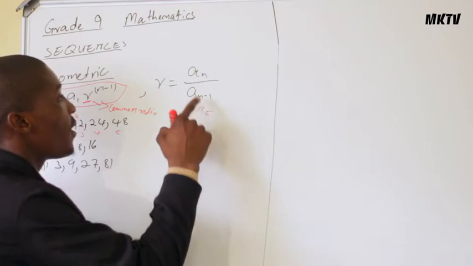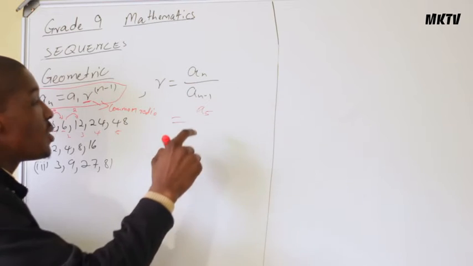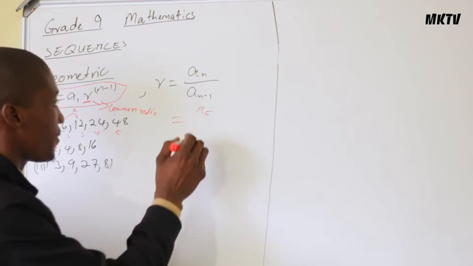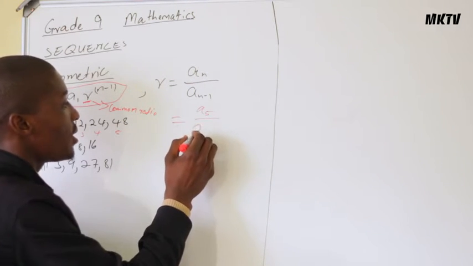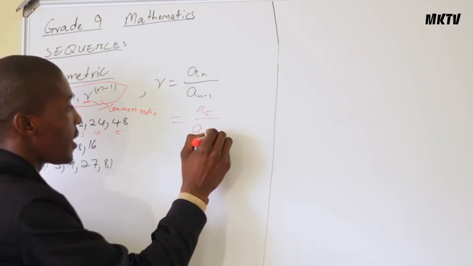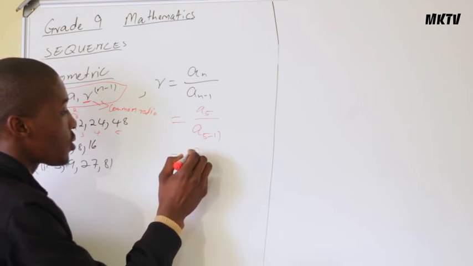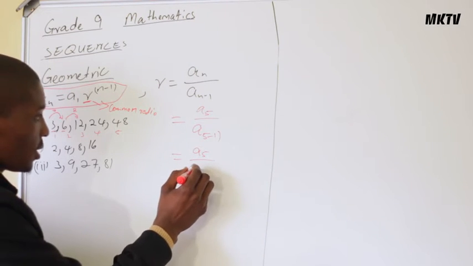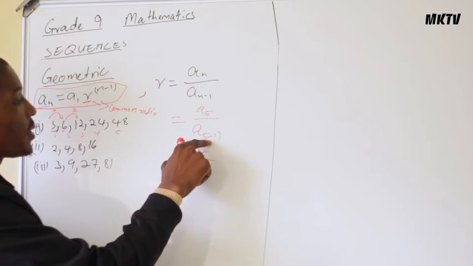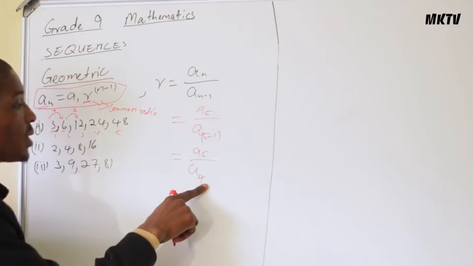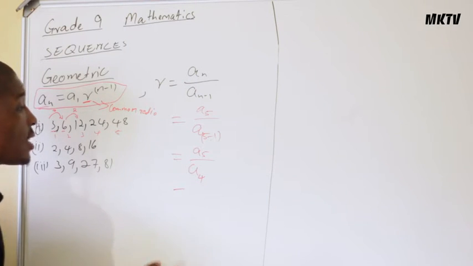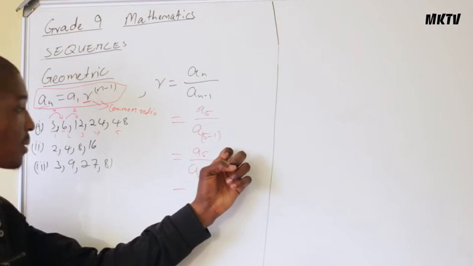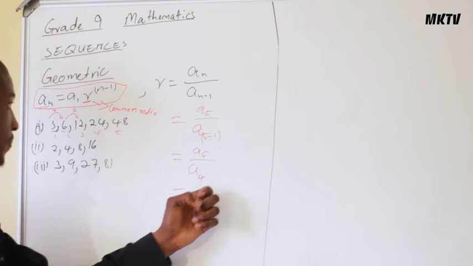That says when we see n being the position, we substitute the 5. Then we have a5 over a4, where 5 minus 1 gives us 4. Then that says we are going to divide the 5th term by the 4th term.